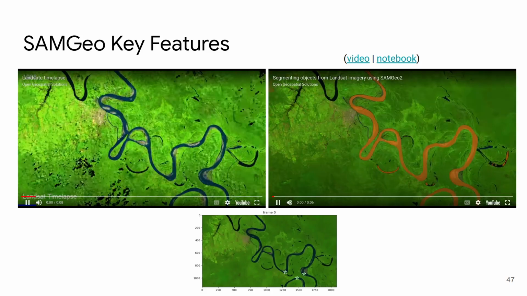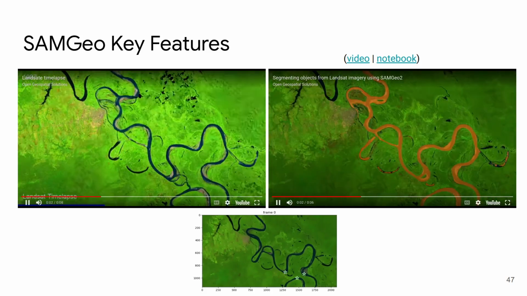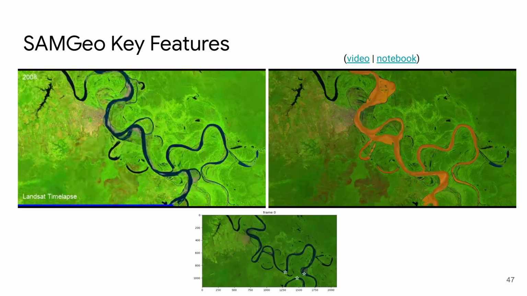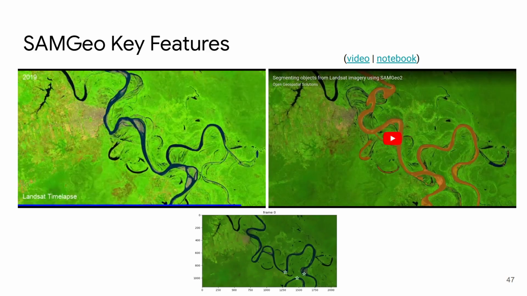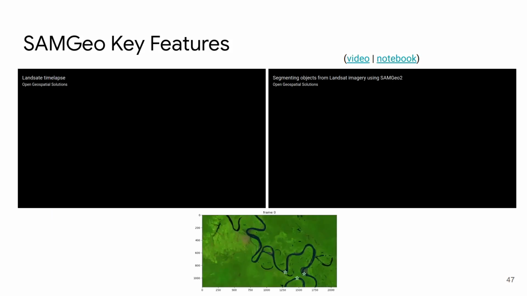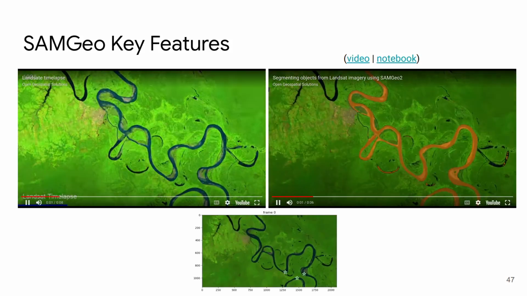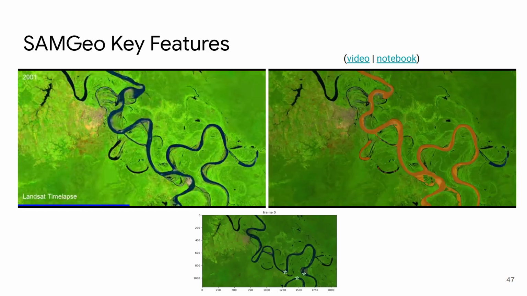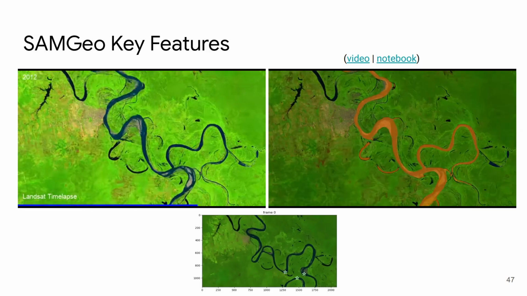So the next one is a newer version built on top of Segment Anything Model 2. And with this one you can do segmentation on time series images. As you can see, I have this Landsat time series for 40 years. And all I need to provide is the marker at the bottom here.